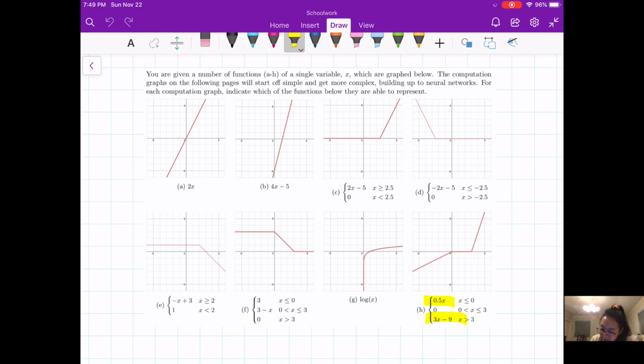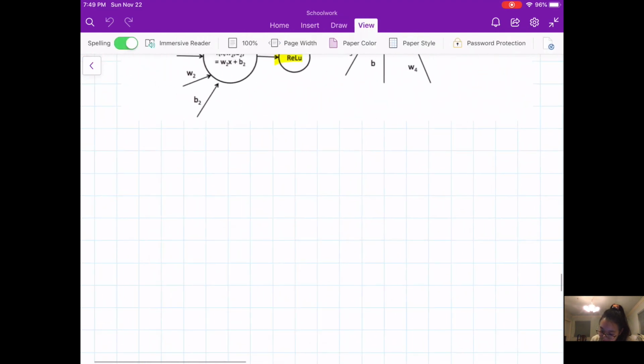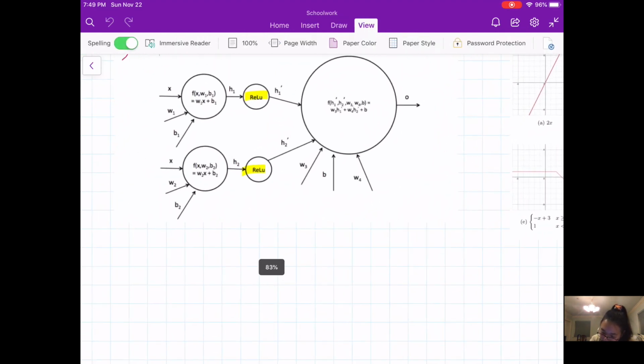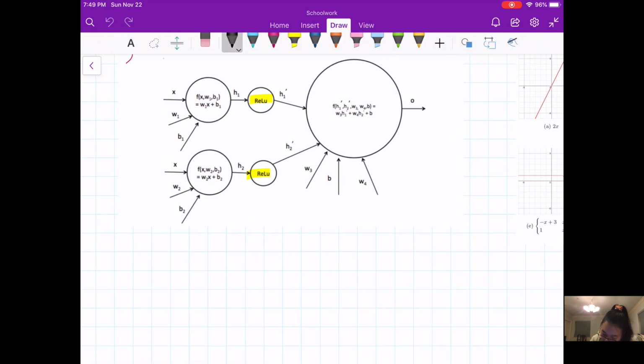So that's why for 8, we can actually do all options except for log of x, which we don't have a distinct way of representing with just the 2 hidden nodes. So that is going to be your solution for it.